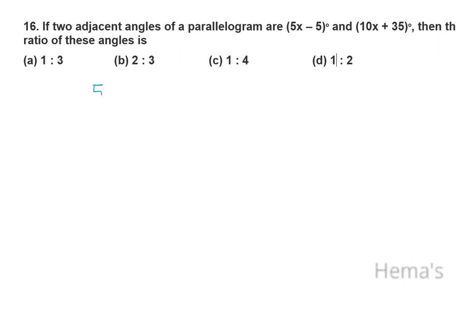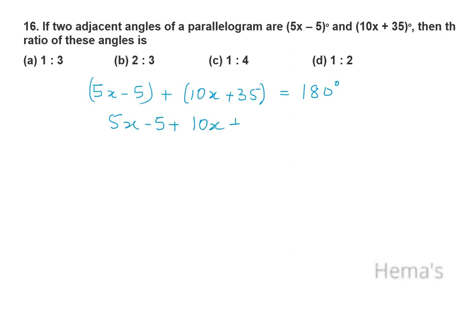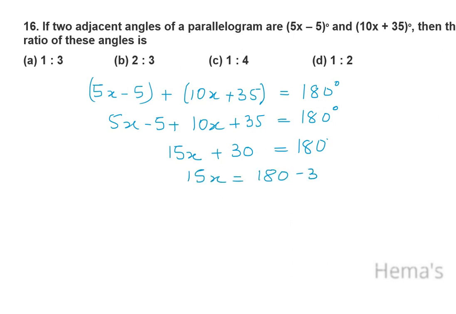Therefore, we can write (5x minus 5) plus (10x plus 35) degrees is equal to 180 degrees. 5x plus 10x will give you 15x, plus minus 5 plus 35 will give you 30, is equal to 180 degrees.